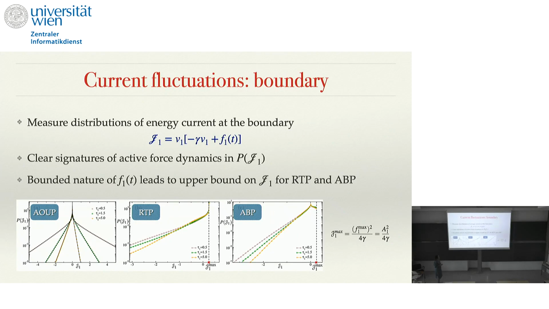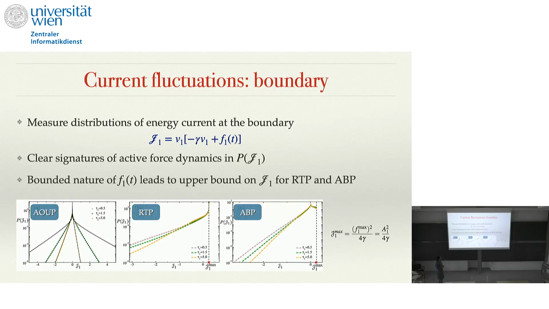Then we come to the question of the current fluctuation at the boundary. We also measured the distribution of this quantity for these different drives. Here we could not calculate exactly for RTP and ABP, but again we see some really big difference between the three cases. AOUP, of course, is Gaussian. We can calculate exactly. This has again log divergence near the origin.